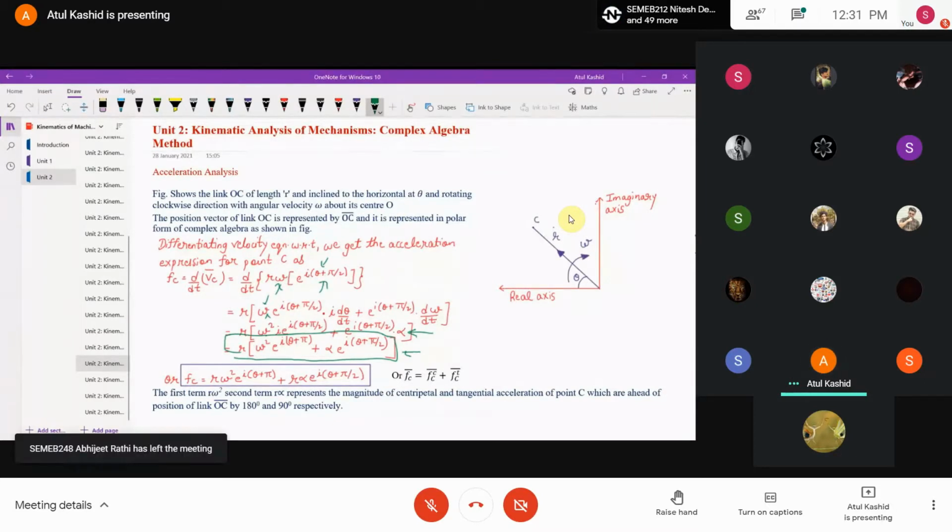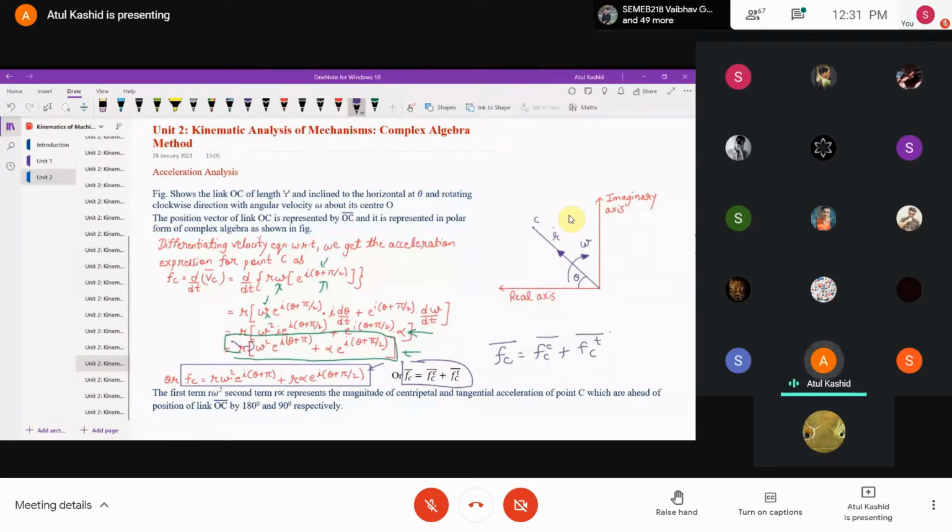Or our equation for the acceleration fc will be equal to, if I multiply r into this bracket, r omega square e raised to i(theta plus pi) plus r alpha e raised to i(theta plus pi by 2). This equation can be written in a very simple form: fc bar equals fcc plus fct.